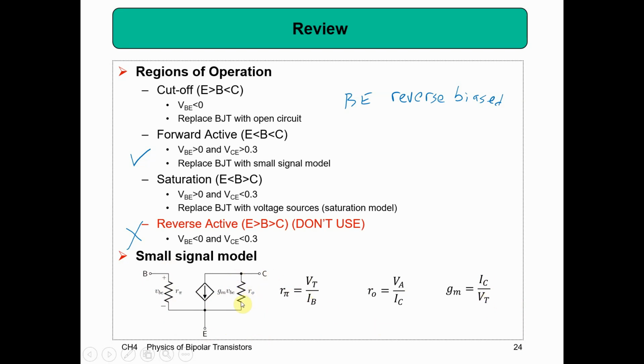And then the ro, which takes into account the slope in my current with respect to my collector emitter voltage, is going to be VA divided by IC. For a 2N3904, the VA is about 100 volts. And then we are done. Now you know the basics of BJTs.